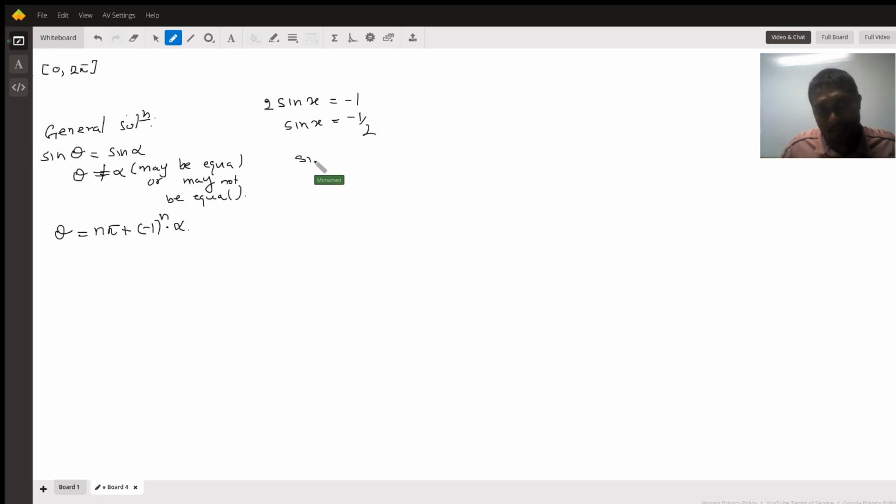Therefore sine x is equal to sine, let's put that in the third quadrant, so it's going to be pi by 6 plus pi, which gives you sine 7 pi by 6. We cannot blindly say that x is equal to 7 pi by 6. Rather, x is going to have multiple values, so x equals n pi plus -1 to the power of n times 7 pi by 6.